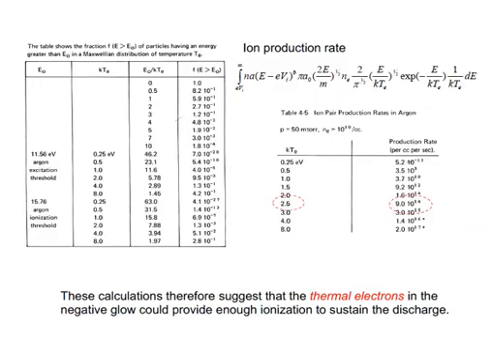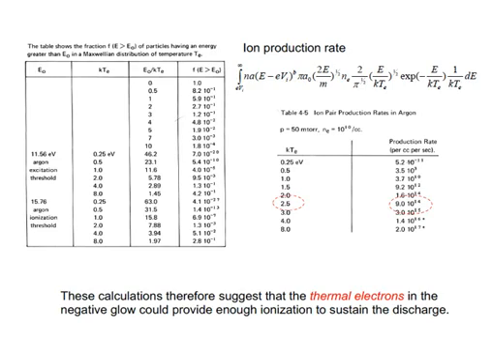Okay. So after this analysis, in this chapter, the DC glow discharge chapter, Chapman also emphasized the importance of negative glow. Negative glow is a necessary part of a DC glow discharge.